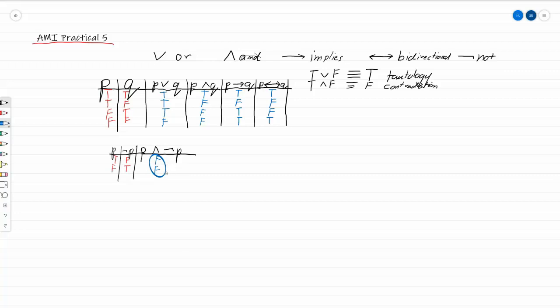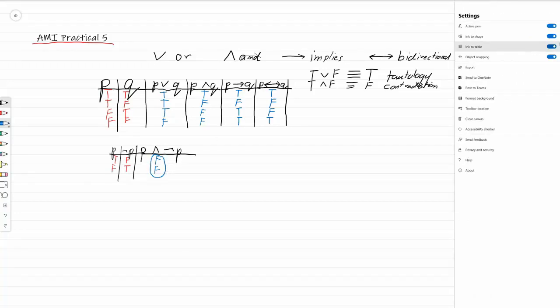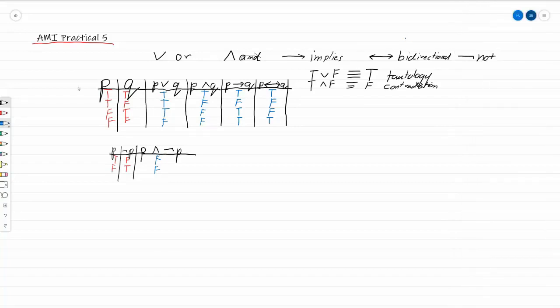So this is another way of basically proving it's a contradiction. If everything in this part of the table is false, you've got yourself a contradiction.